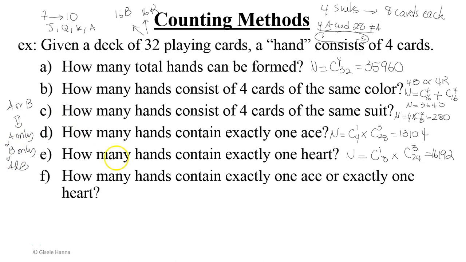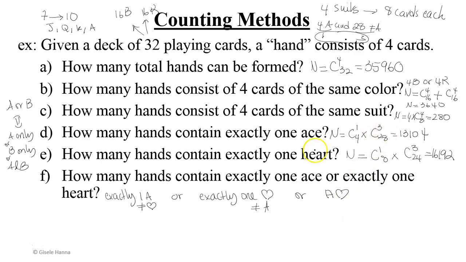So over here, exactly one ace or exactly one heart is equivalent to having exactly one ace that is not a heart, or exactly one heart that is not an ace, or the ace of hearts.